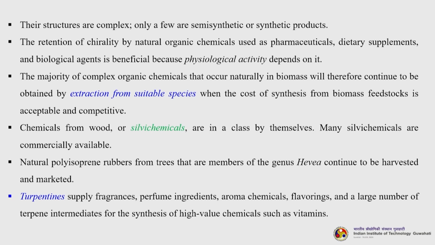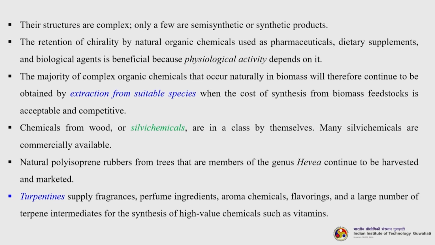This is what I was just mentioning. The need for development of a particular protocol to extract suitable species, that too in a cost beneficial or economical way, when the cost of synthesis from the biomass feedstocks is acceptable and competitive. So, cost is very important, that has to be taken care of when you go for commercial production.